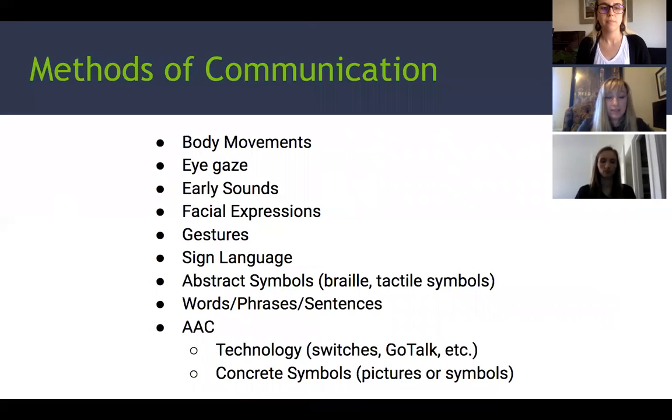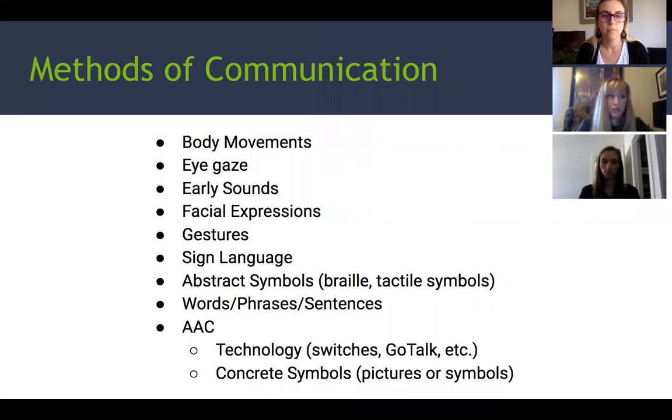Early sounds like babbling, facial expressions like a big smile or a negative facial expression to show pleasure or dislike. Gestures, meaning come here, or arms up to gesture that they want to be picked up. Sign language, for example, simple signs for more or all done.